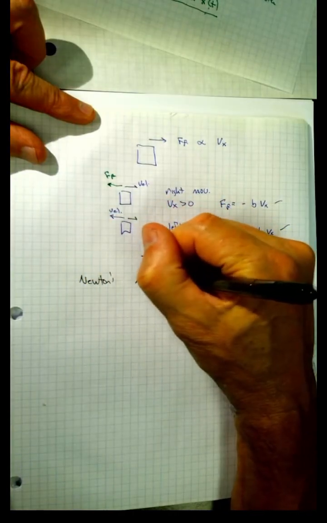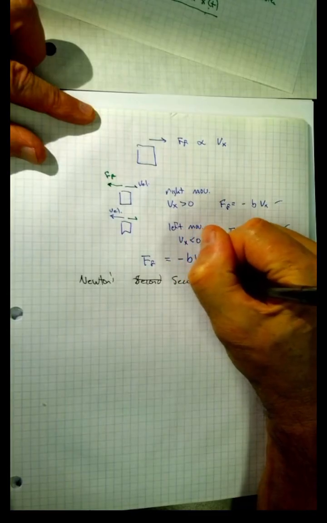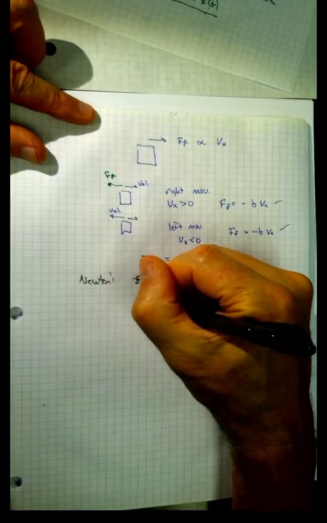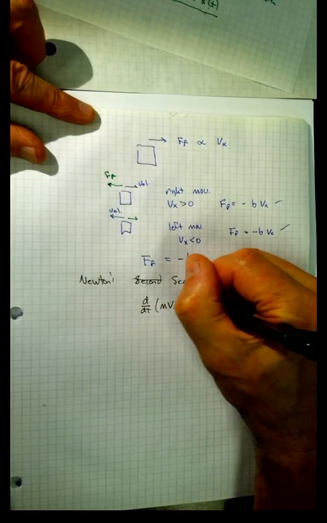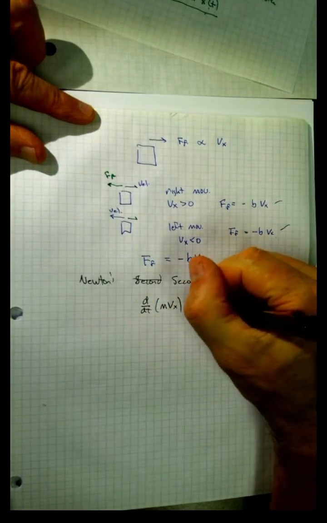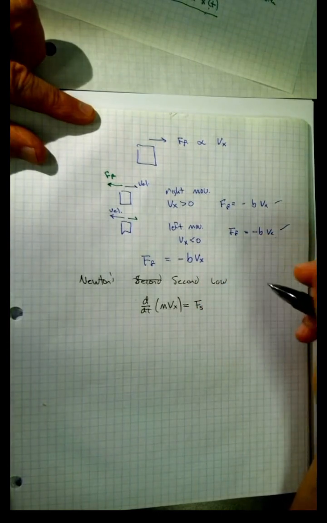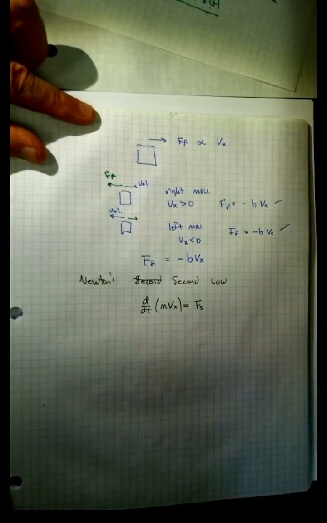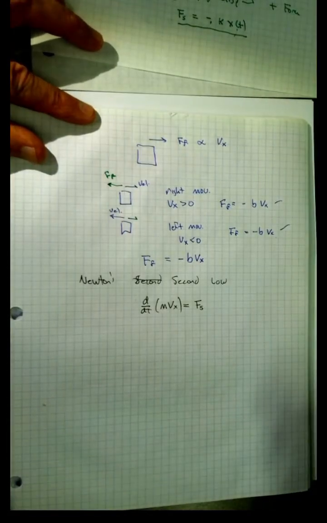So from Newton's second law, I'm going to have the derivative of the momentum, and this is in the x direction, is equal to the force due to the spring. Let me make sure I get my signs right. What did I have?